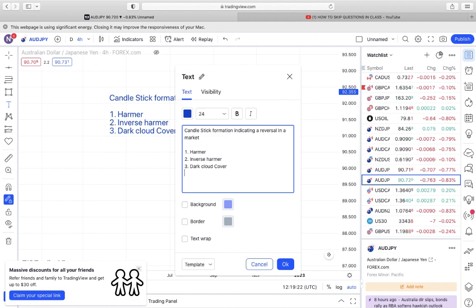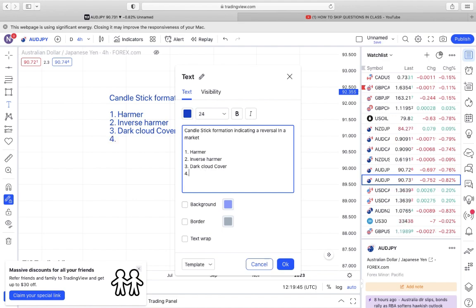We have the piercing line, which always signifies a potential reversal on the upward trend. Dark cloud cover always shows that the market is reversing to the downward, to a bearish momentum.